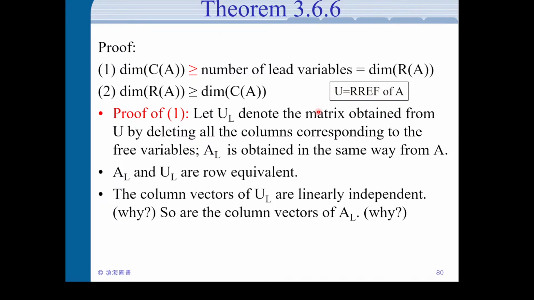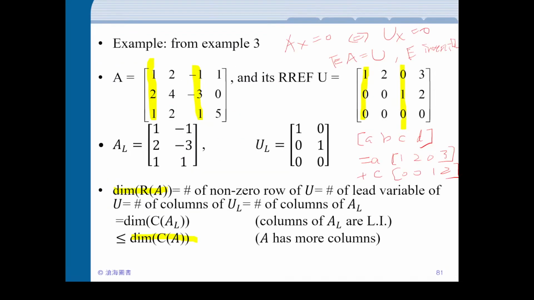The derivation of this first step is more complicated, and we are going to do something very funny, and I guess it's easier to see in an example. So back to our favorite example 3. We have A and its REF here, and we are going to delete some columns of U and A and get this AL and UL.